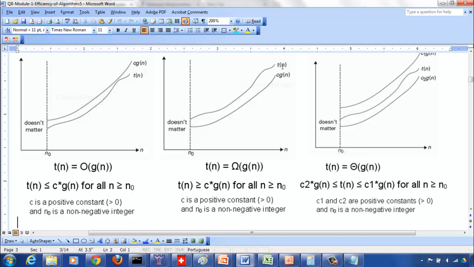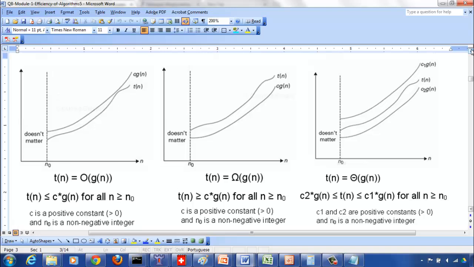Now big omega is the opposite of that. T of n is always going to be greater than or equal to c times g of n for n greater than or equal to n0. So t of n is going to be bounded below by c times g of n. Now we can say t of n is theta of g of n if t of n grows at the same rate as g of n.